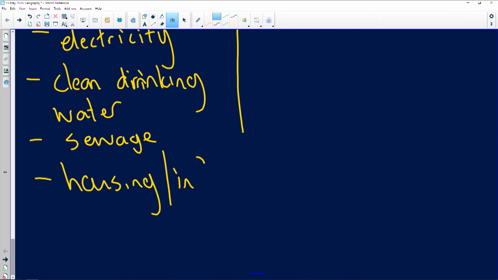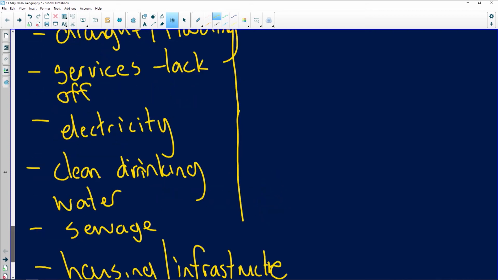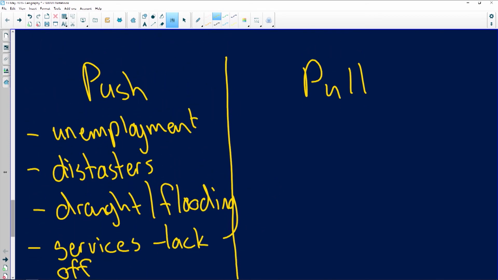Basically, infrastructure. If you go and visit rural areas, you will find that most of the roads in rural areas still consist of dirt roads. So not proper infrastructure is found in these small hamlets or villages.